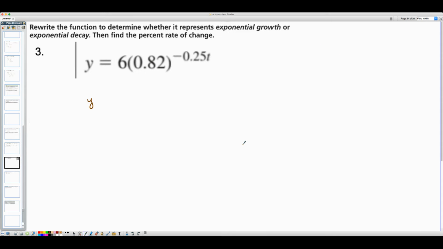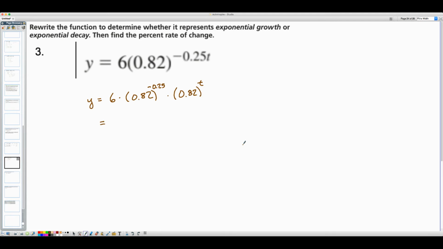Here we have to rewrite the function to determine whether it's exponential growth or decay, and find the percent rate of change. Well, I could write this as 6 times a constant, 0.082 to the negative 0.25, times 0.082 to the t.